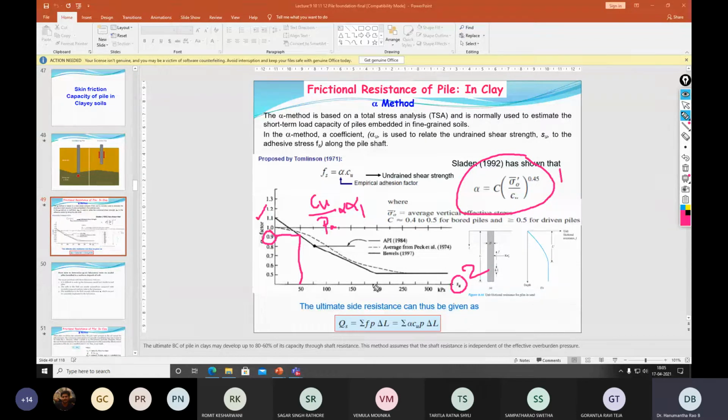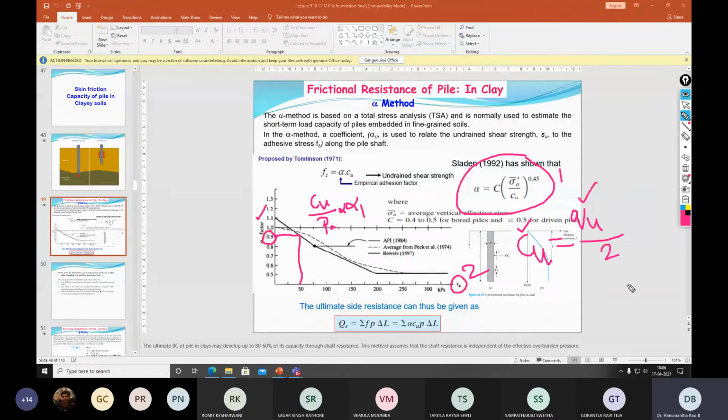There is one important thing you need to remember. On the x-axis, you have to be a bit careful. There is something called undrained shear strength, and there is something called undrained cohesion. Both are different. This Su is undrained shear strength. If you recall your UCS test, there the Cu is nothing but capital Q by 2, where Cu can be called undrained cohesion and Qu can be called undrained shear strength.